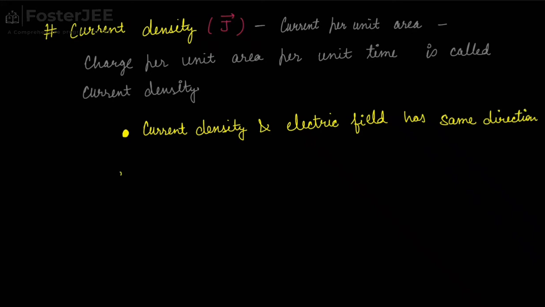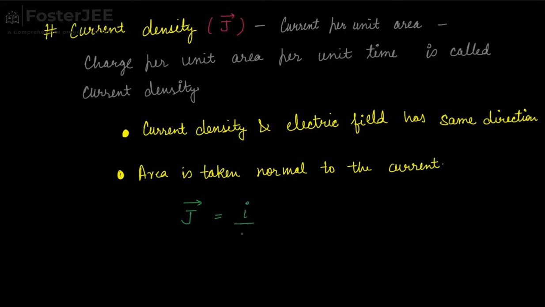Another point to be remembered is the area is taken normal to the current. Hence, mathematically, J vector is defined as current per unit area.